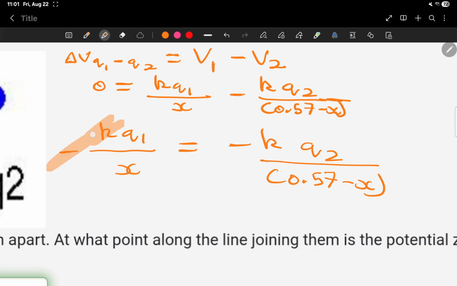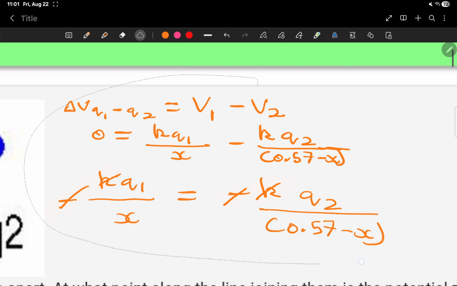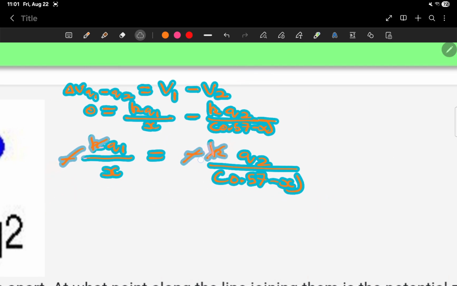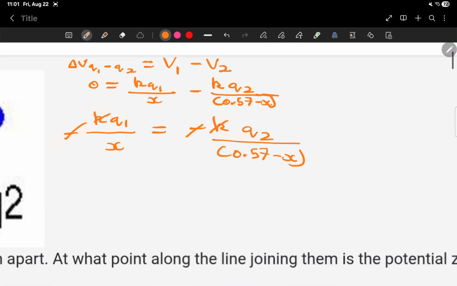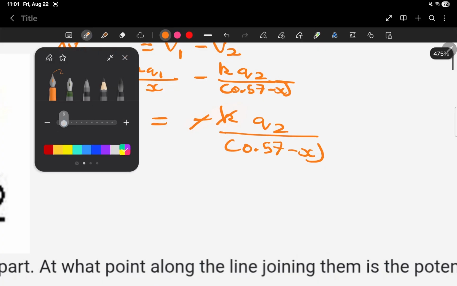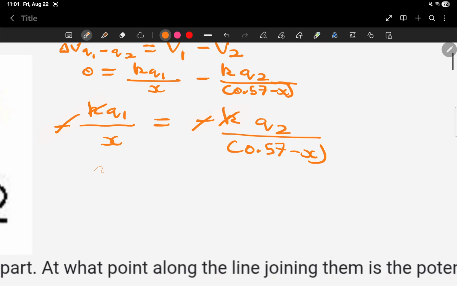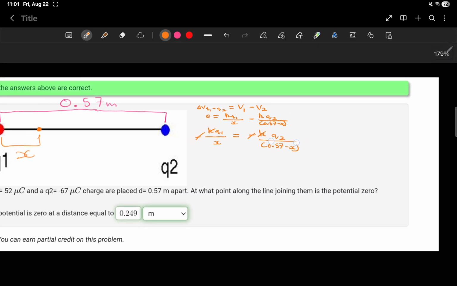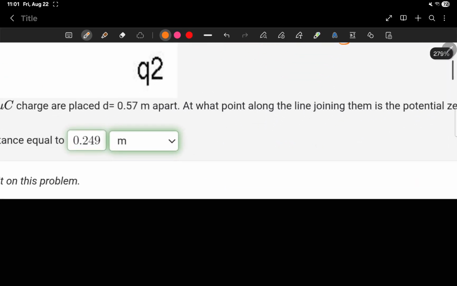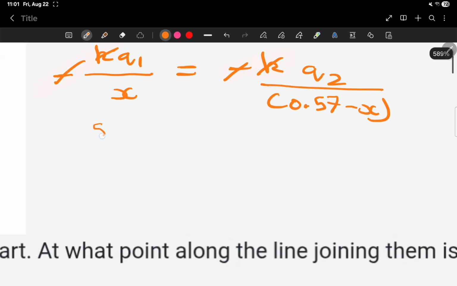The k will cancel and the negative sign will cancel, and the k here will cancel and the negative sign here will cancel. So these two go away. So we're left with Q1 over x. So Q1 is 52 microcoulombs.